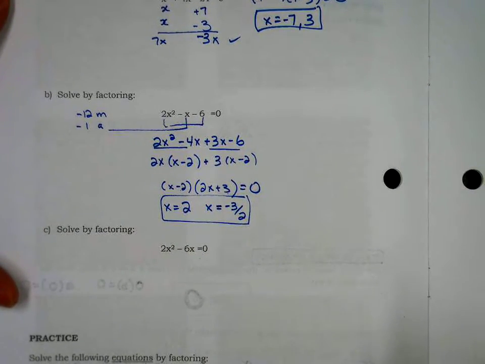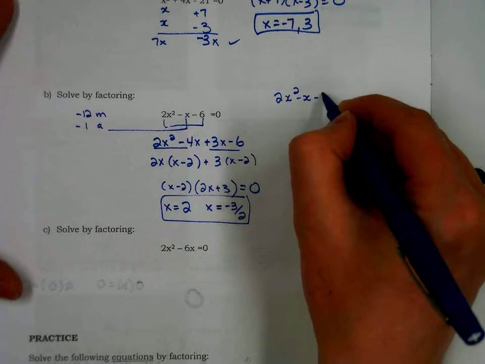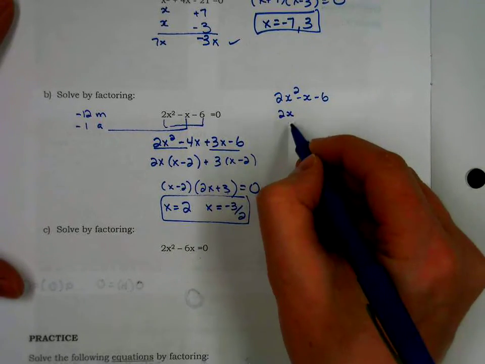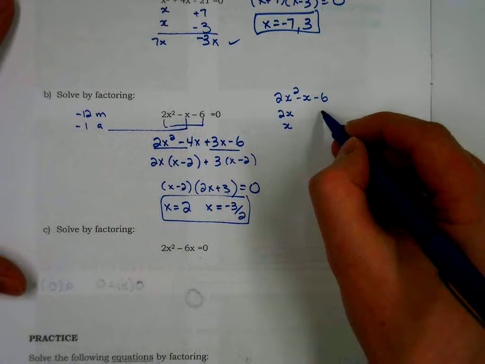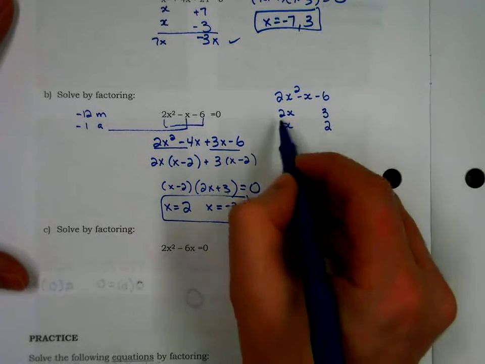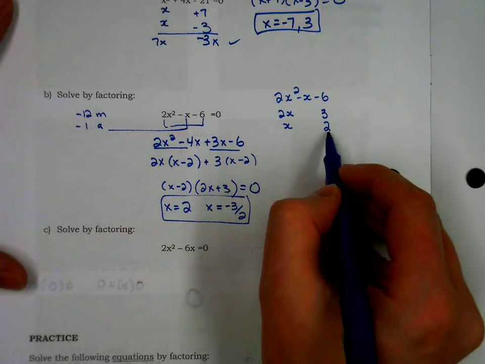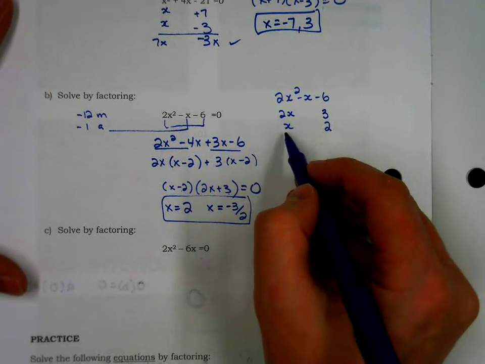And again, if you do lucky, I kind of prefer lucky. It can be a little bit quick. Factors of 2x squared. And again, I could either write a 6 and a 1 or a 3 and a 2. And I kind of know that a 3 and a 2 is nice because there's a 2 times a 2 and a 3 times a 1. So there's a 4 and a 3 that are connecting.